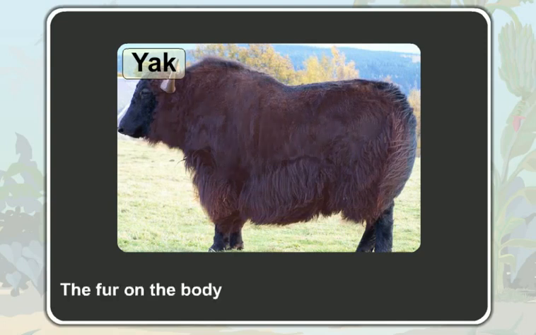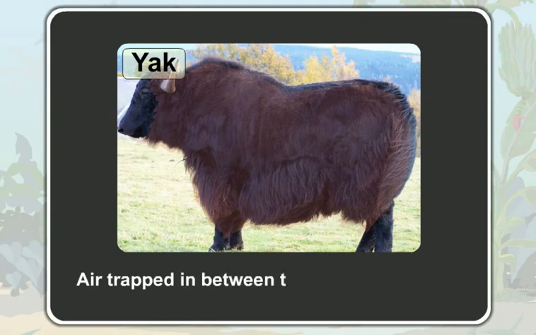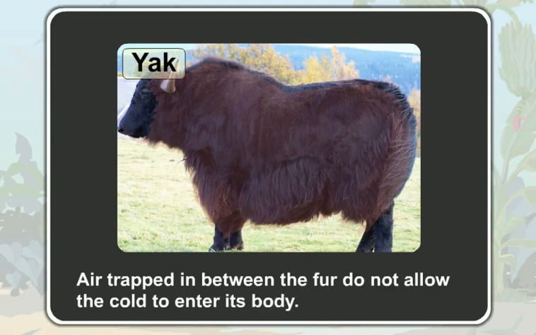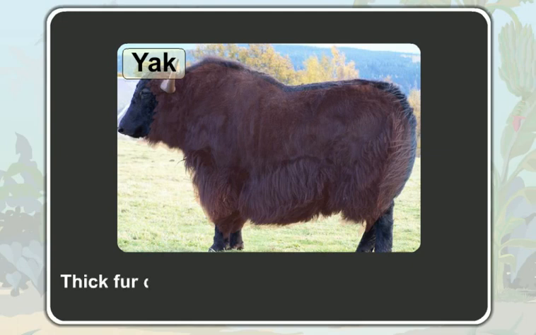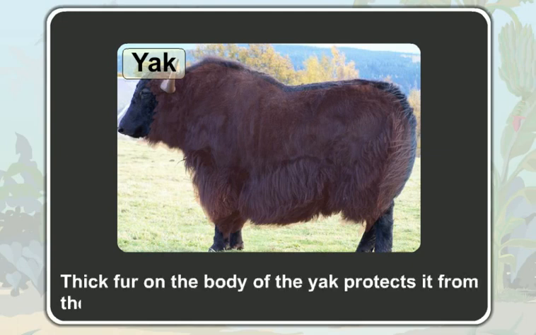The fur on the body of the yak can trap air in it. Air trapped in between the fur does not allow the cold to enter its body. So, thick fur on the body of the yak protects it from the cold in the mountain region.